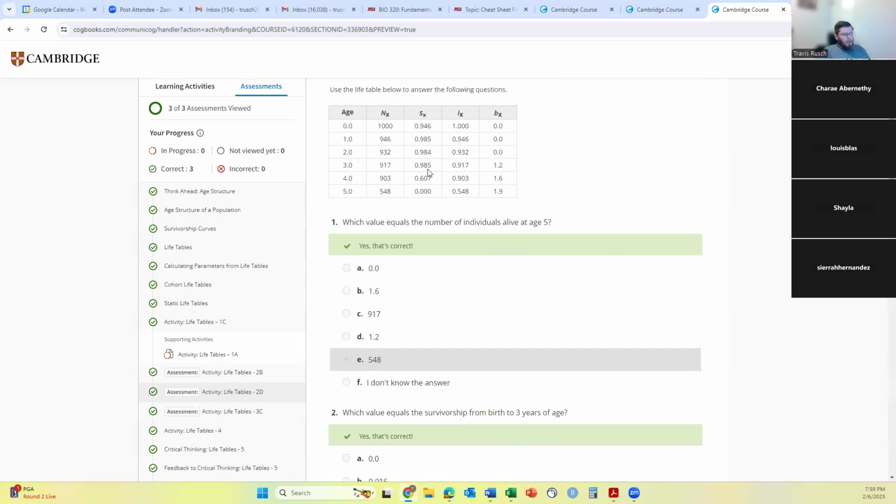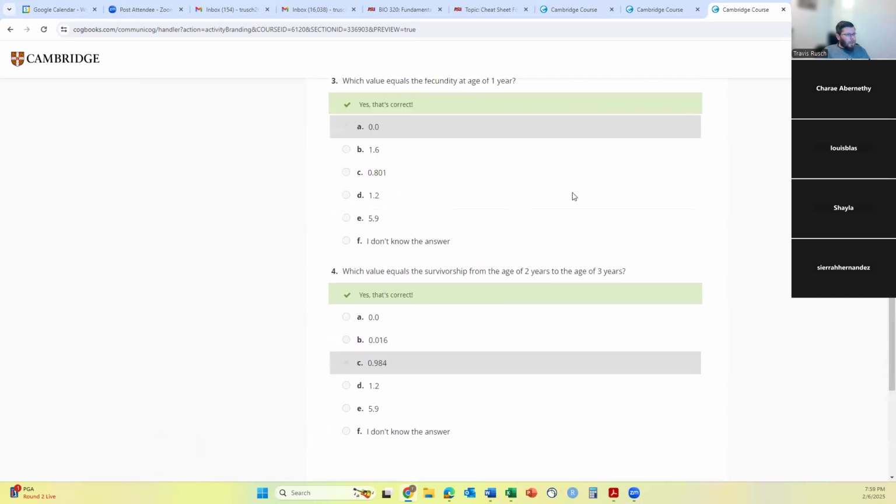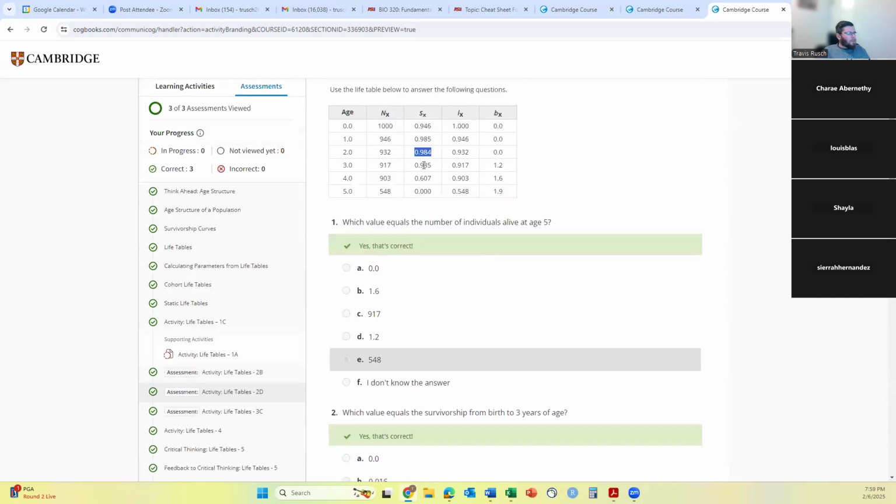We can get our 0.984 value, right? Because its age is 2 to 3 years. So 2 to 3, it's going to be 2-year-olds surviving to 3-year-olds. The 2-year-olds are going to survive at a 98.4% survival rate.